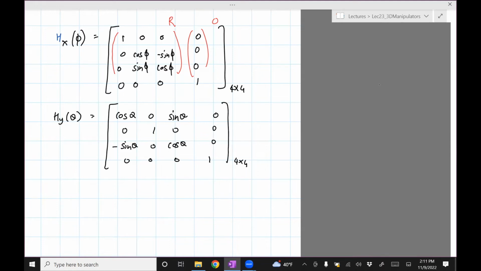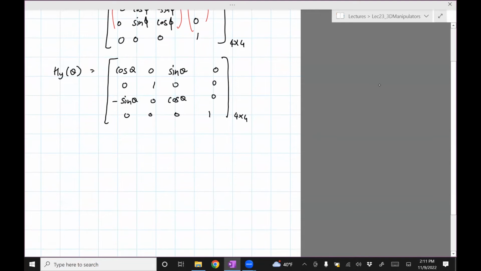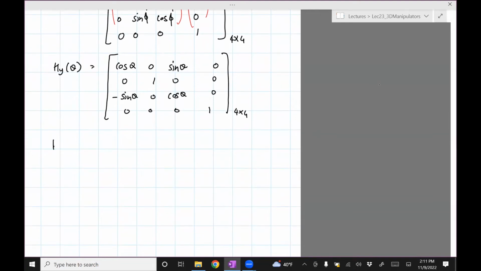Again, 4x4. We can keep going with rotation about the z-axis, with angle psi: cos psi, minus sine psi.